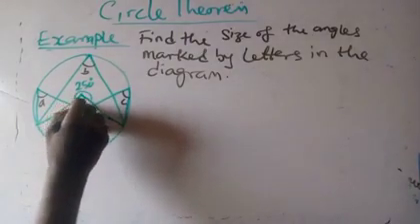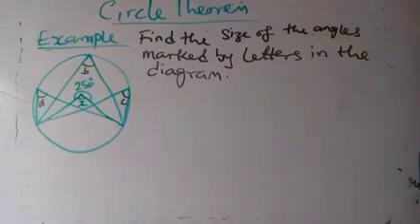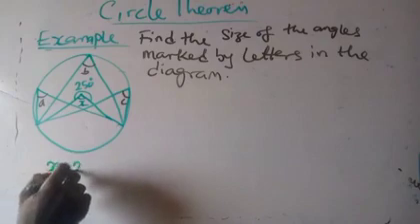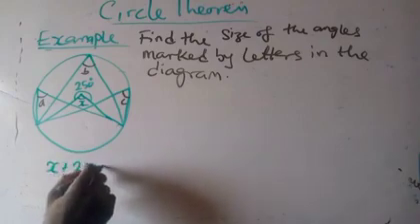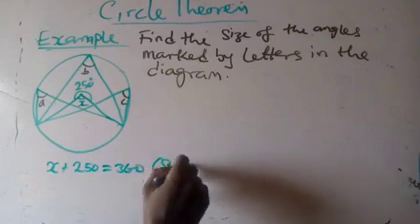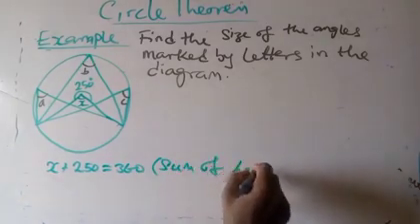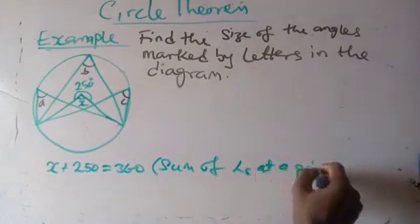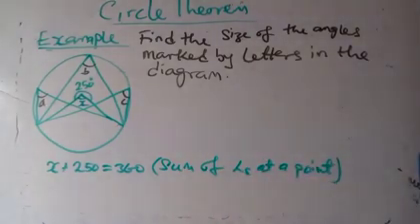Let's say it is x. If it is x, then we can say x plus 250 equals 360. Why? Sum of angles at a point.